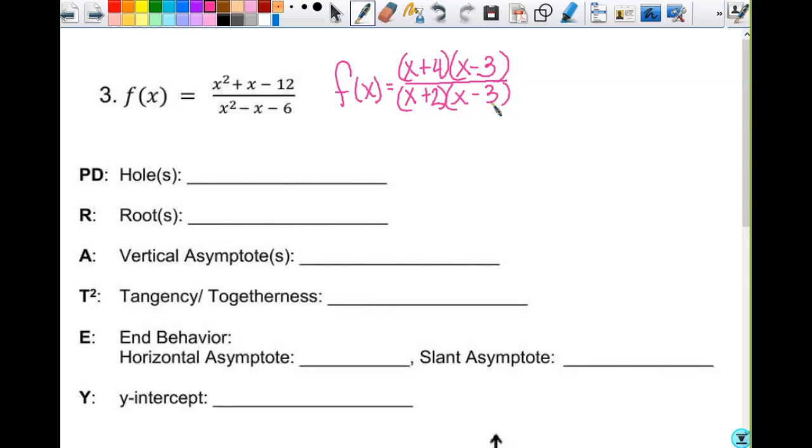So do I have a hole in this function? Yes, I do. You will not have a hole in every single function, just happens to be on these, so that cancels out. So I get f of x equals x + 4 over x + 2.